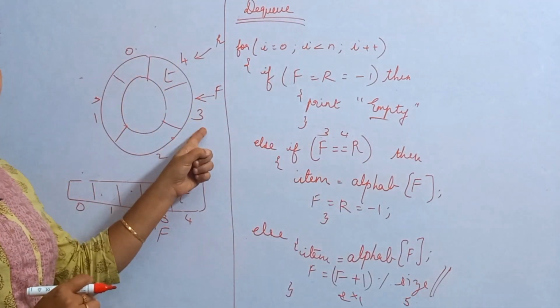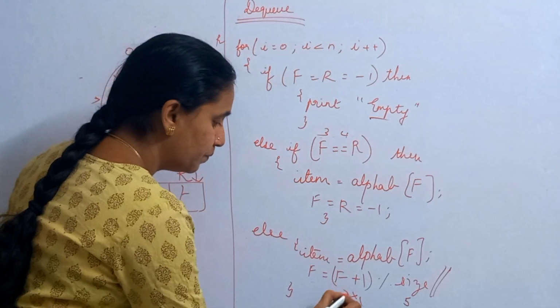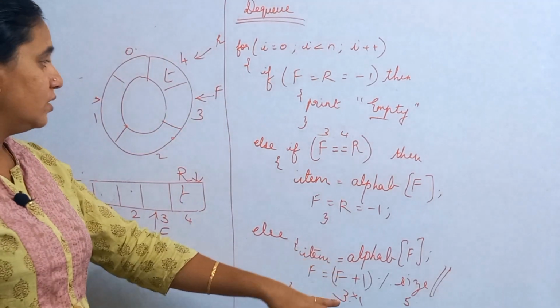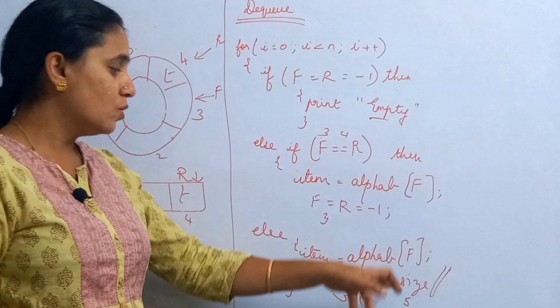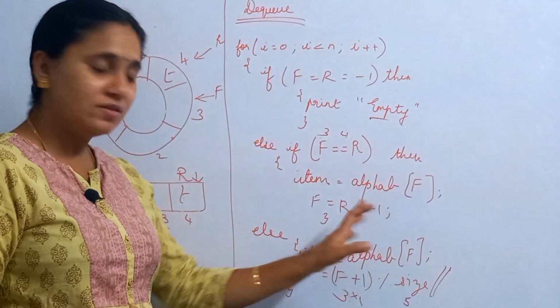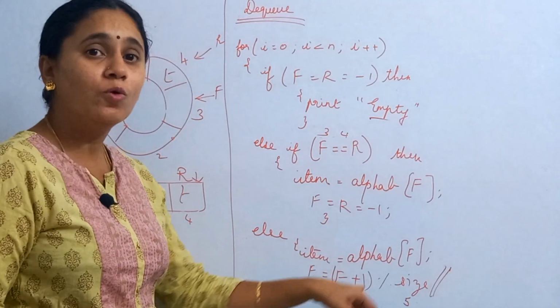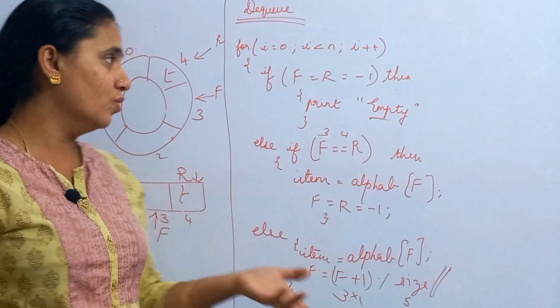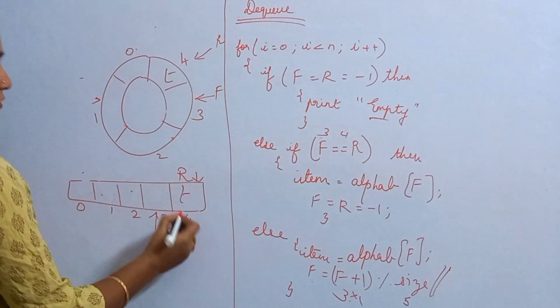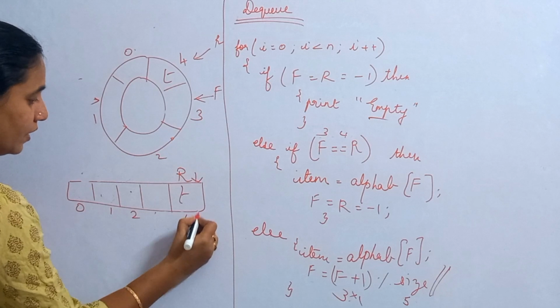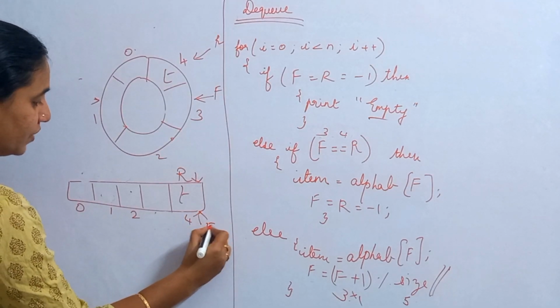What is the front value? Front value is now 3. So 3 plus 1 is 4. Okay. So modulo, the remainder of size 5. So 4 modulo 5 is 4, isn't it? So we are making the front pointer increment here, front. Okay.